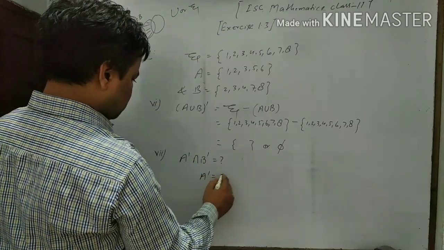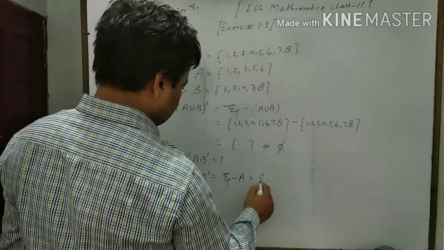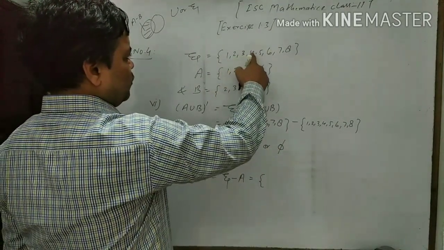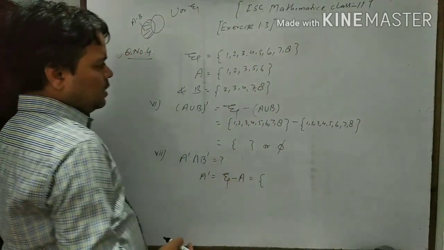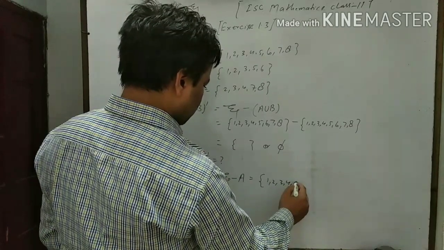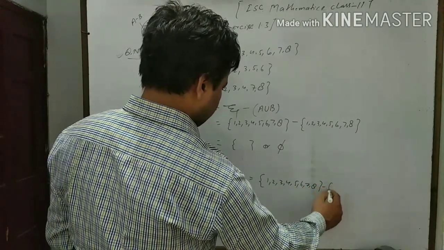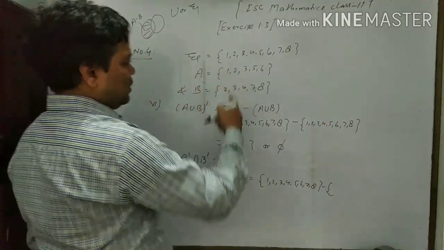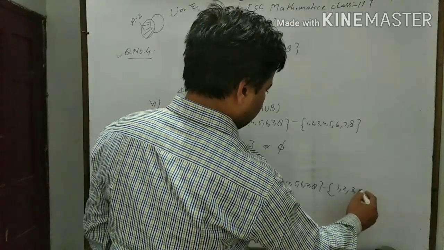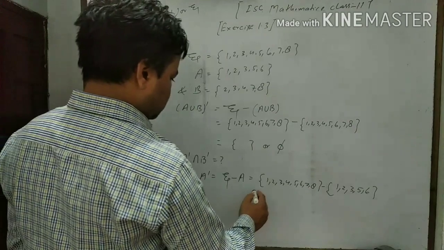Complement set A is the universal set minus set A. The universal set is 1, 2, 3, 4, 5, 6, 7, 8, minus this set 1, 2, 3, 5 and 6.